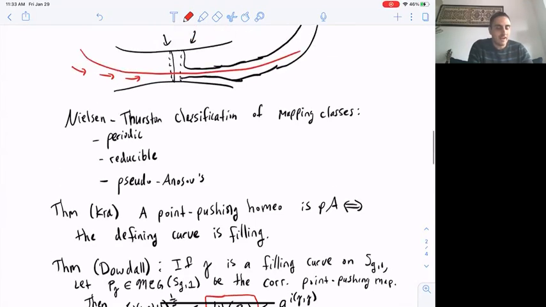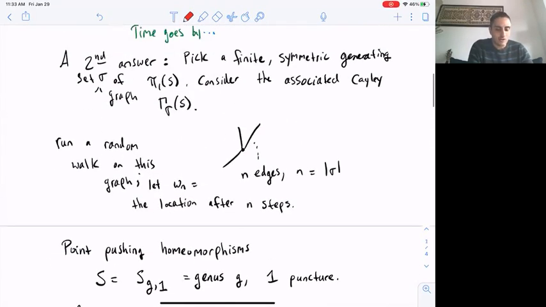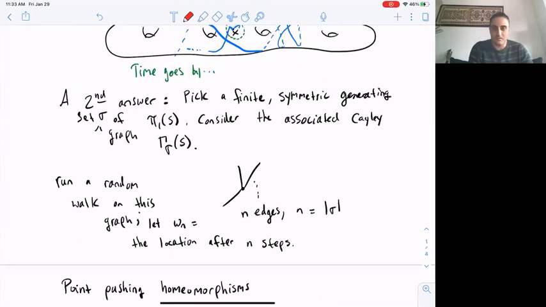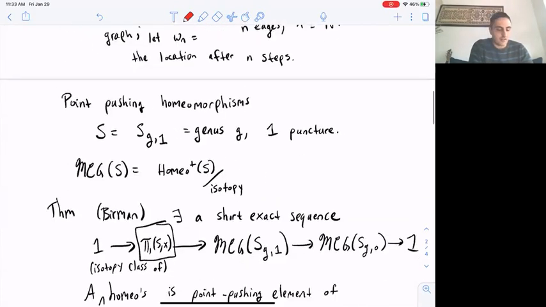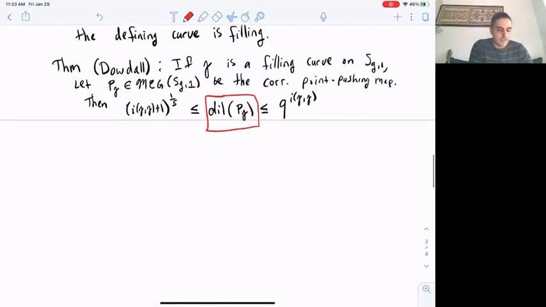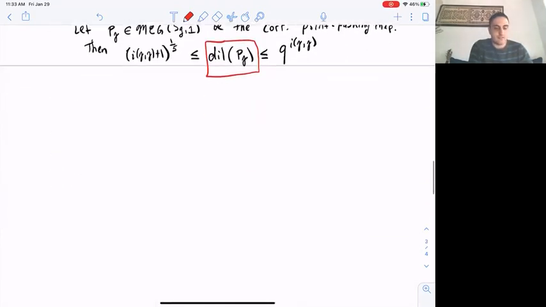And that takes me back to why we chose this combinatorial notion for randomness for curves, because what is the point pushing subgroup? It is pi1. So that's our motivation. If there are any questions, I'm happy to take them. And if not, I think I'll state some theorems.